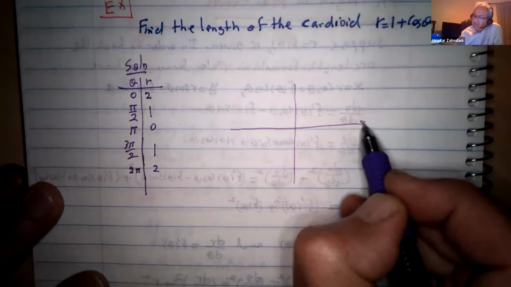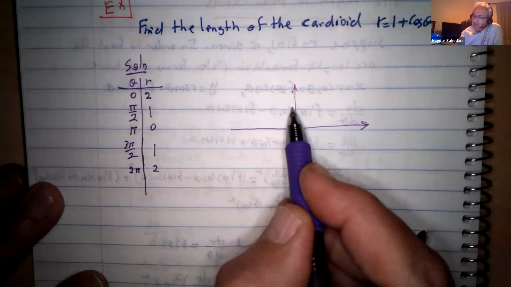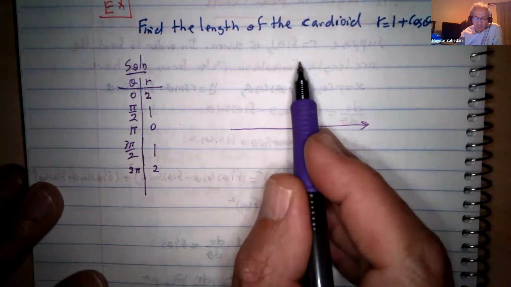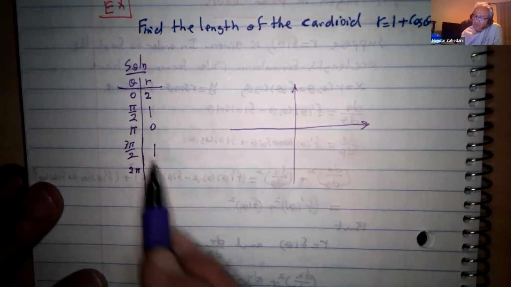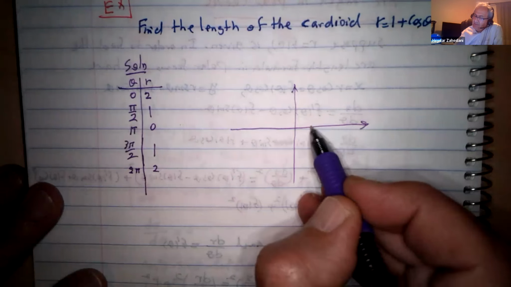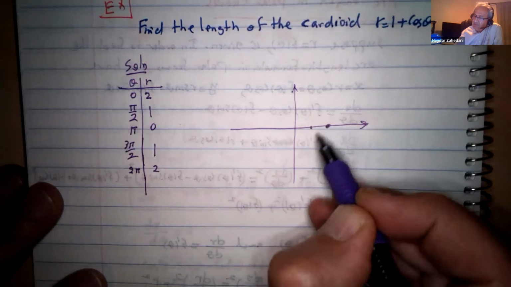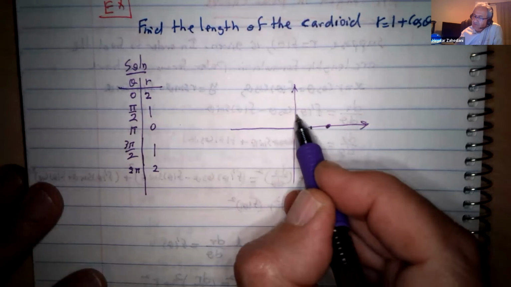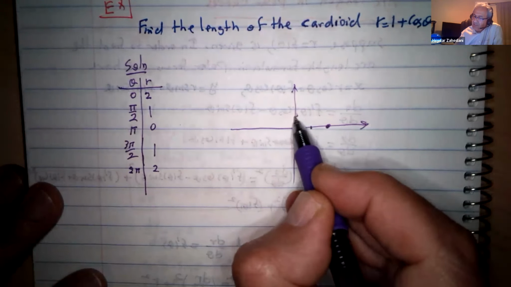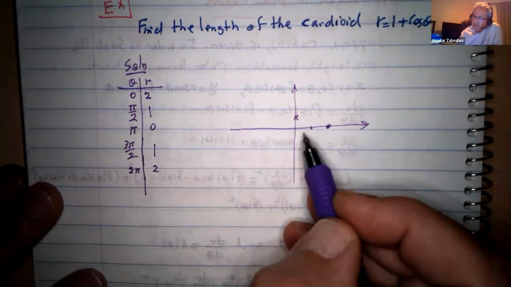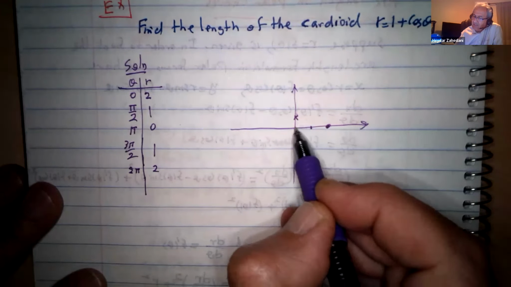That gives you an idea of what type of graph we are going to have. The coordinate of the cosine is directed to the right or to the left, while the sine is directed up or down. So if we get a couple of numbers here, 0, 2, that's going to be 2. And at pi half we get 1 here. At pi you come back to 0, so that gives you 0 here.